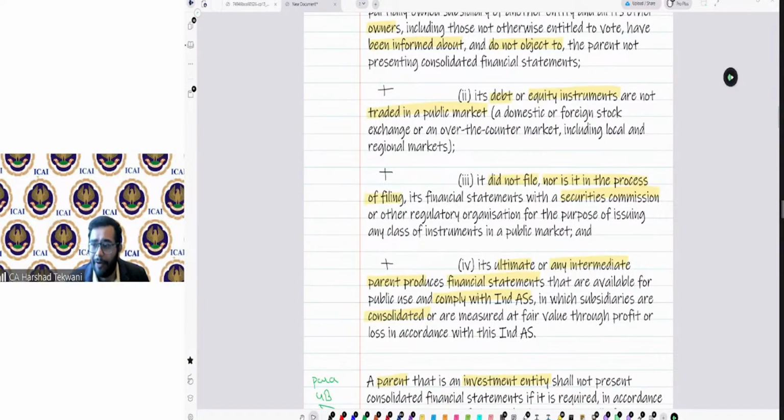Why do you think we have two different set of exemptions? Same exemption, but at two different places.